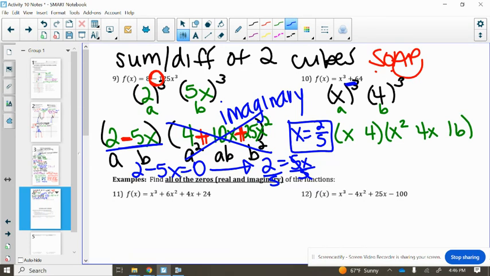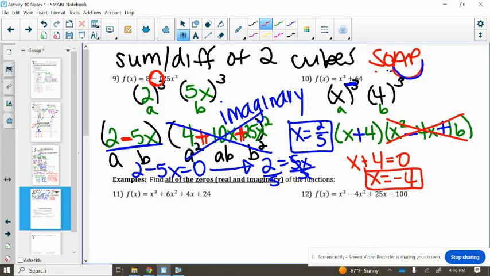Same sign as the original. Opposite sign of the original. Always positive. Again, this results in an imaginary. And as we set x plus 4 equal to 0, we get -4 as our solution.